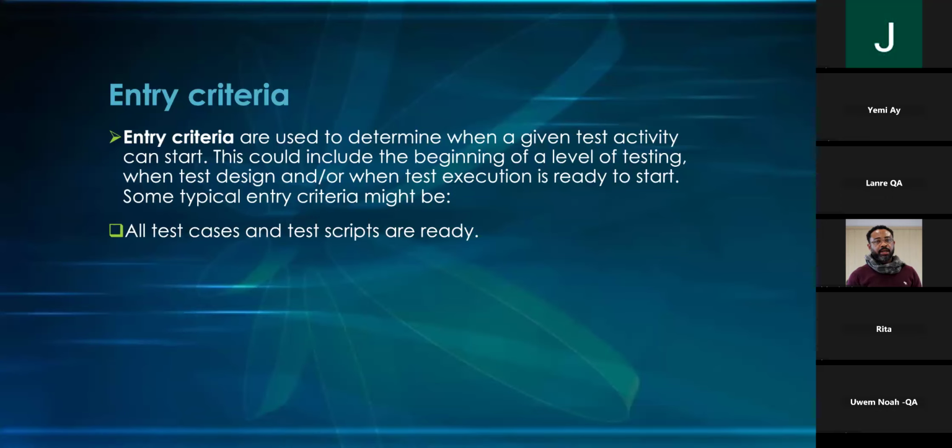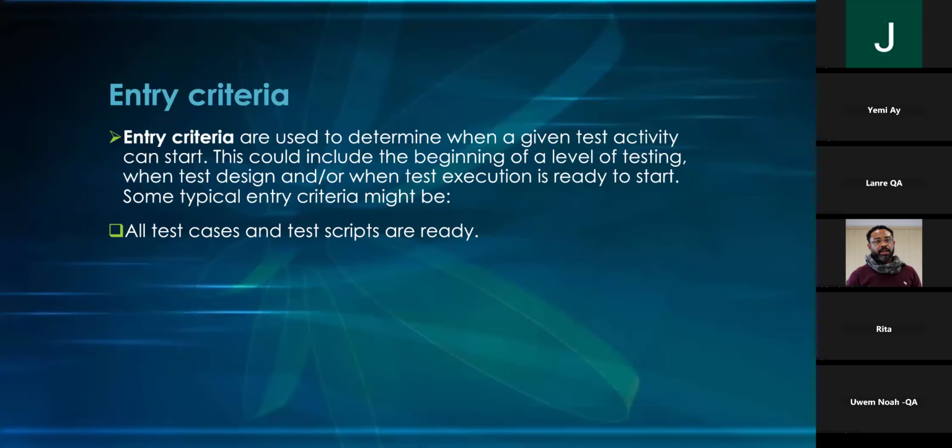You have designed it, you have analyzed it. So entry criteria take us to the first fundamental test process. I've been referring back to the fundamental test process, which helps you understand that the background of testing is always embedded in whatever you do in testing.